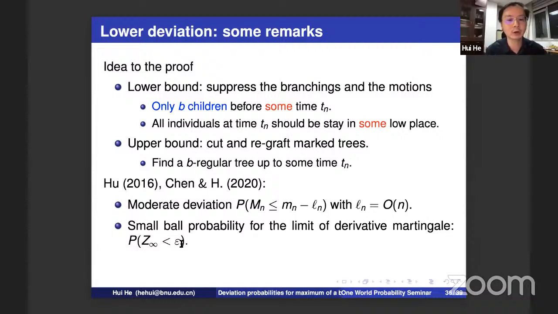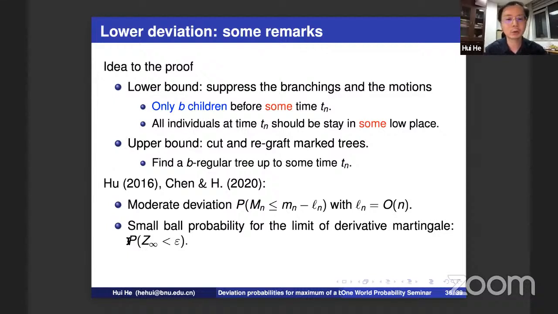Then we consider the decay rate of this probability as epsilon goes to 0. Okay, then we can find that the basic idea to study this small ball probability is the same as to study the lower deviation probability. So I omit the details here, and the result in fact is parallel to the lower deviation probability for the centered maximum.